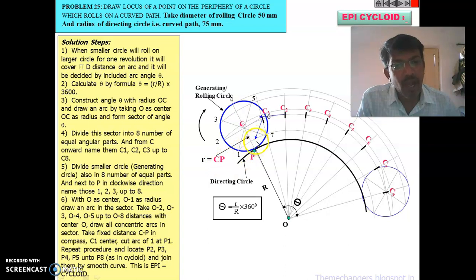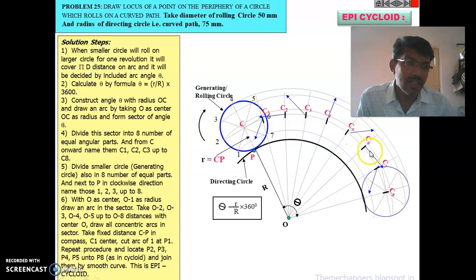And C2 as a center, make another arc on the 2nd, 6th line. Next C3 as a center, make an arc. C4, another arc. C5, another arc. C6, C7 and C8. So these are the intersecting points P2, P3, P4, P5, P6, P7 and P8.